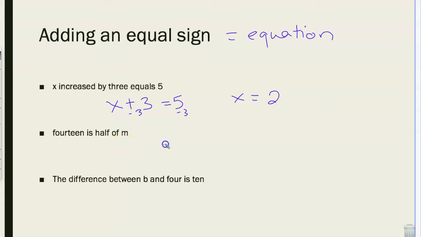14, so something equals 14, is half of m. Okay? And then the difference between b and 4 is 10. So something equals 10. What equals 10? b minus 4.